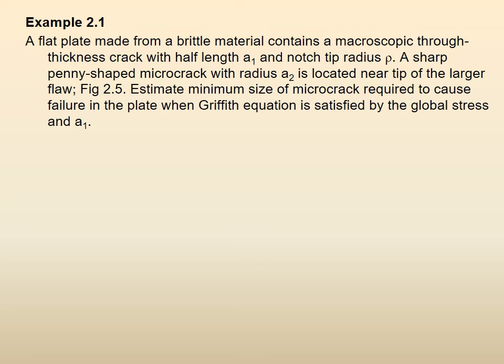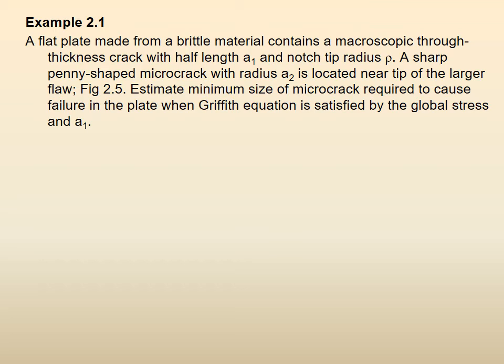A flat plate made from a brittle material contains a macroscopic through-thickness crack with half length A1 and notch tip radius rho. Macroscopic, right, which we can see. So A1 is the length and tip radius is rho. A sharp penny-shaped, circular micro crack with radius A2 is located near the tip of the larger flaw.